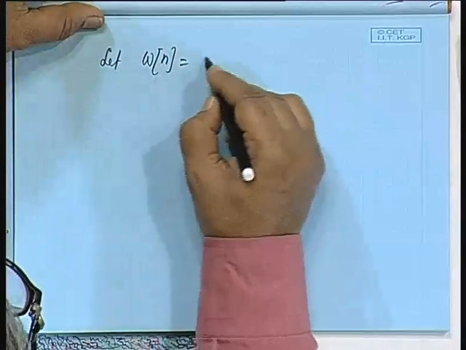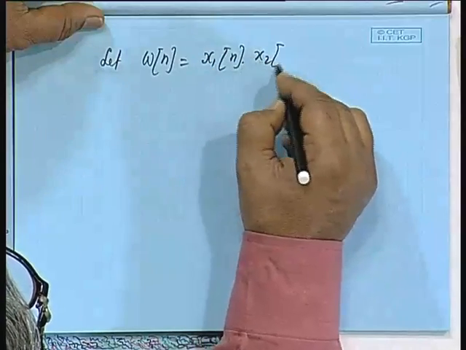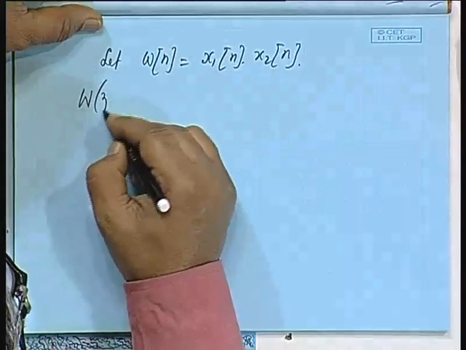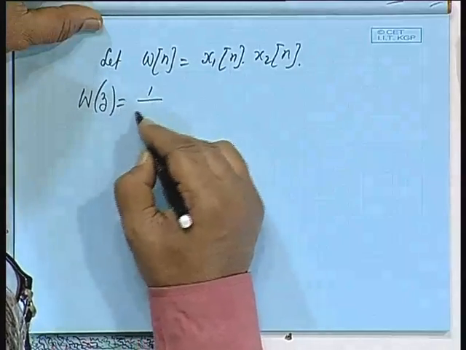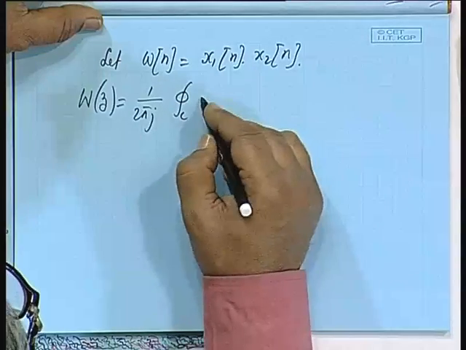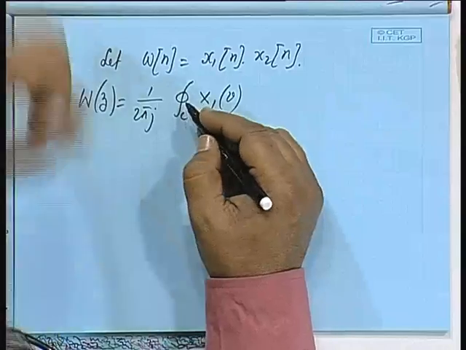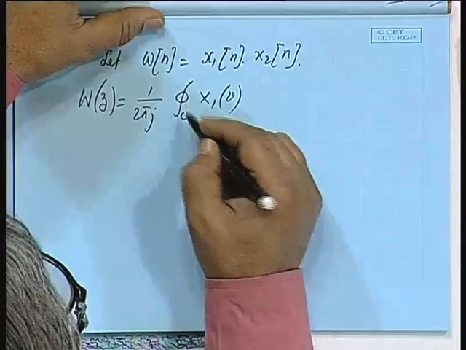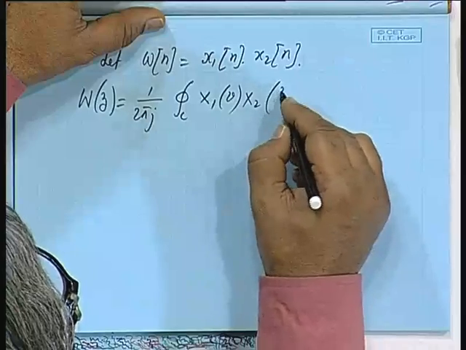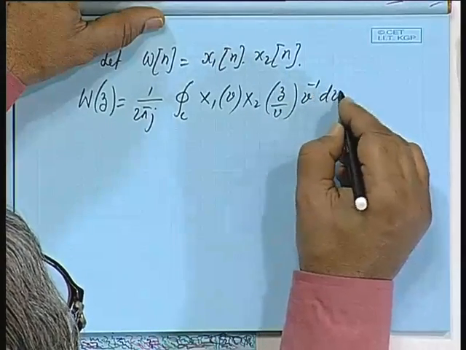Let w[n] be the product of two sequences, x1[n] times x2[n]. Then W(z) will be 1 by 2 pi j, the integration over a closed path C, of X1(v) X2(z/v) v to the power minus 1 dv.